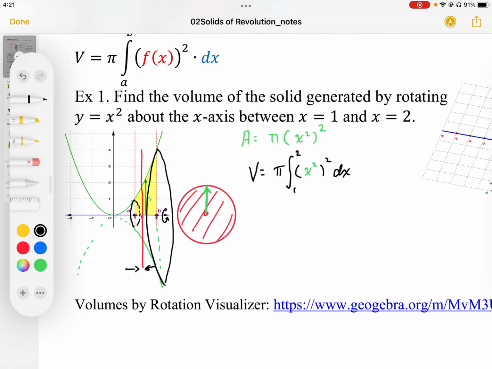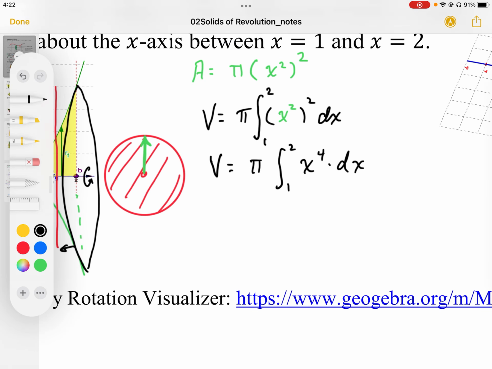My integral is in terms of x and dx, so I can do this. It's consistent. So I'm just going to go ahead and simplify from 1 to 2, x to the power 4 dx, and I'm just going to evaluate this integral by anti-differentiating. So pi x to the 5 over 5 from 1 to 2.